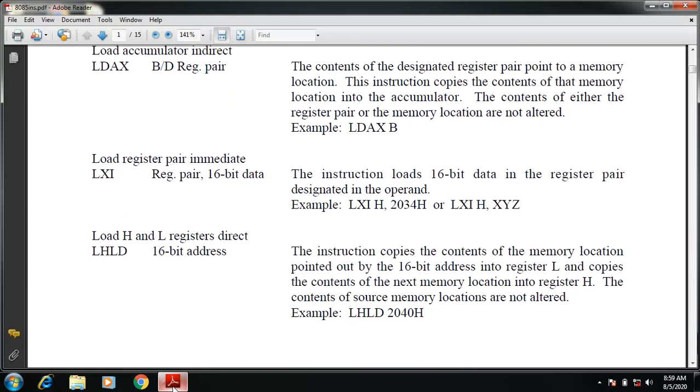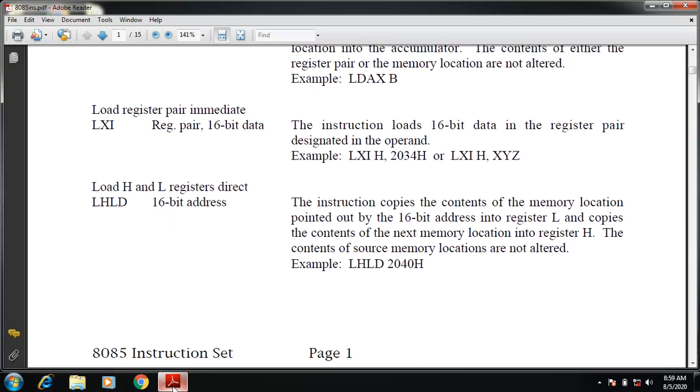Okay, next, LHLD, load H and L registers direct, with a 16-bit address. For example, LHLD 2040H.